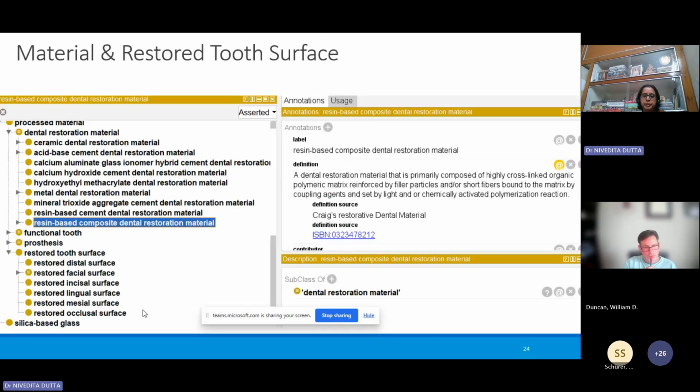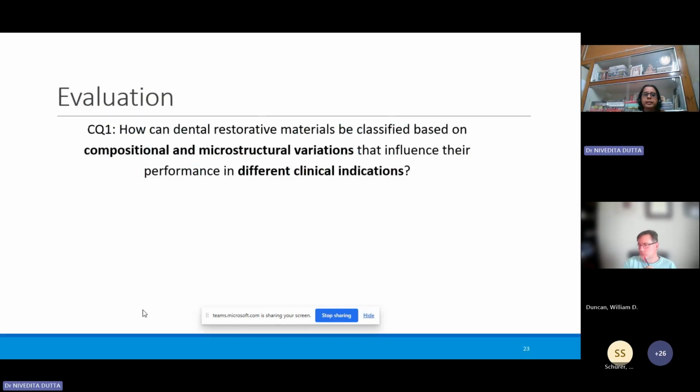Next, we tried to evaluate our development through the competency questions we gathered. For example, the first one: how can dental restoration material be classified based on compositional and microstructural variations that influence their performance in different clinical indications?